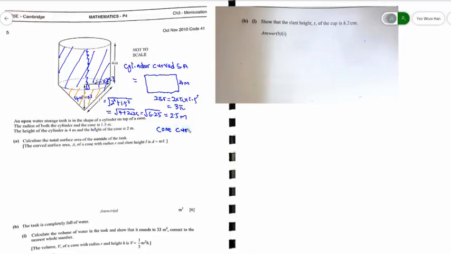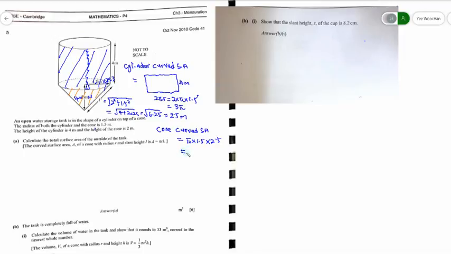Therefore, the cone curved surface area is equal to pi times the r, which is 1.5, times the l, which is 2.5.